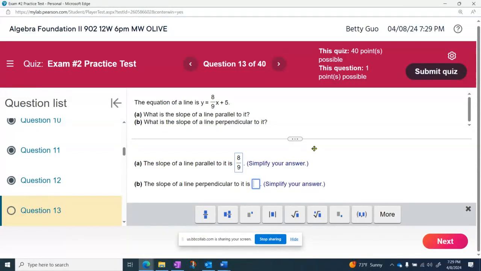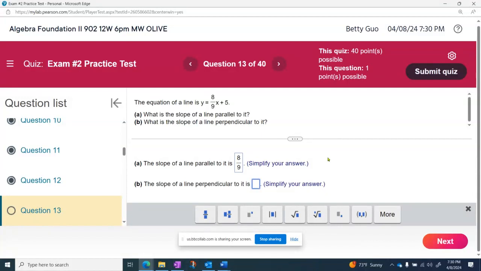If two straight lines are perpendicular, then their slopes are opposite reciprocals of each other. Okay, so the original straight line has a slope 8 over 9. Anyone could help me to find the opposite reciprocal of 8 over 9?